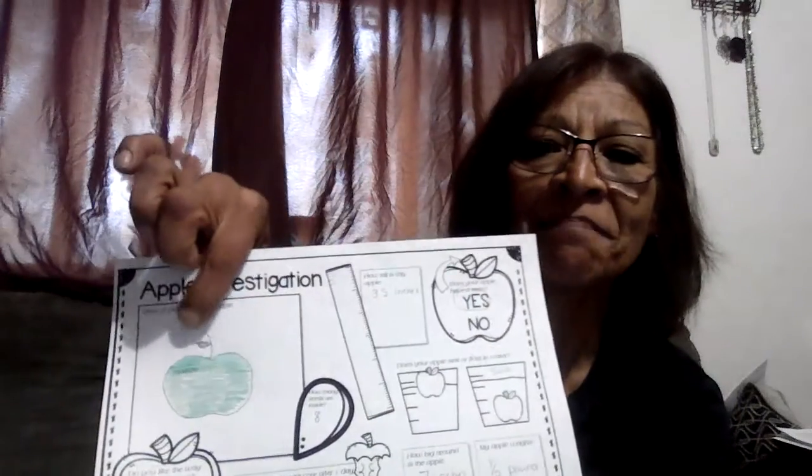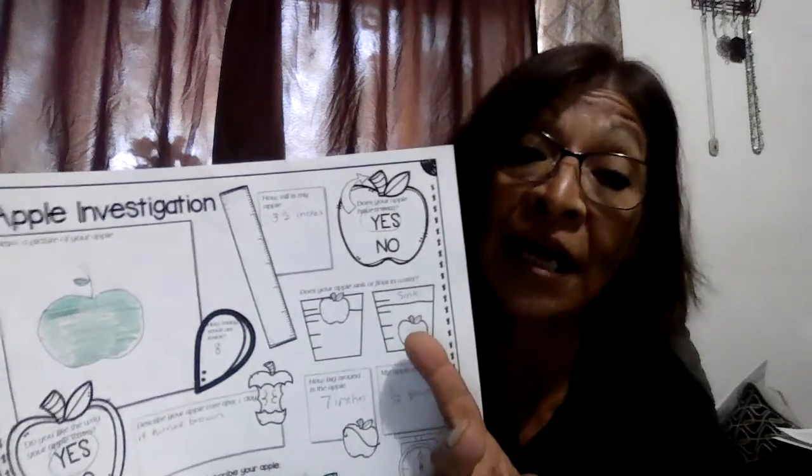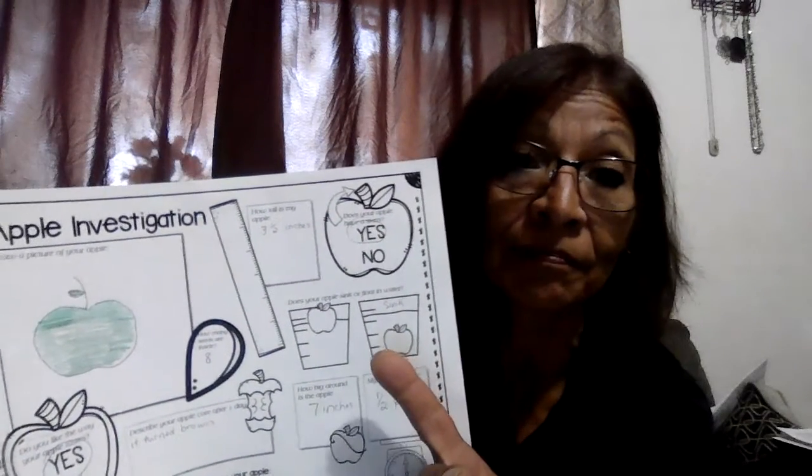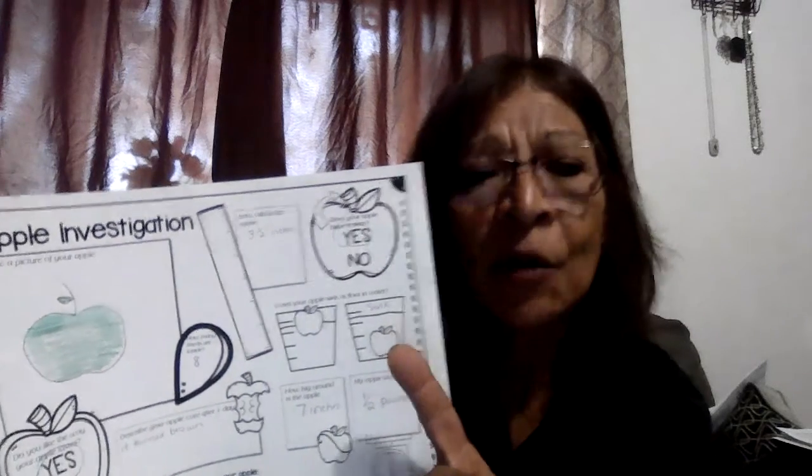It asked, does my apple have a stem? Yes, my apple has a stem. Does your apple sink or float? I said my apple sunk. However, if you have ever bobbed for apples, you know that most apples do float.